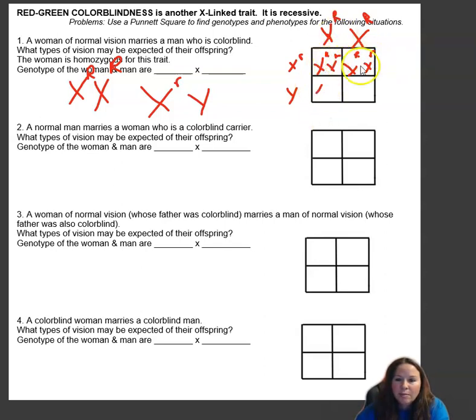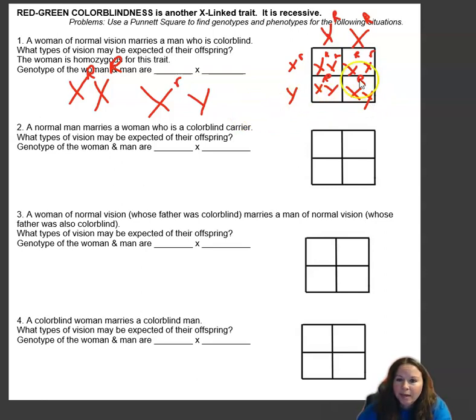So those were the daughter boxes. It looks like both boxes have normal vision for daughters, but they're both carriers. And then XY boxes here, bring down the big R. Nothing on the Y. Bring down the big R. Nothing on the Y. The two boxes that show the genotypes for the sons both have big R and therefore would have normal vision.